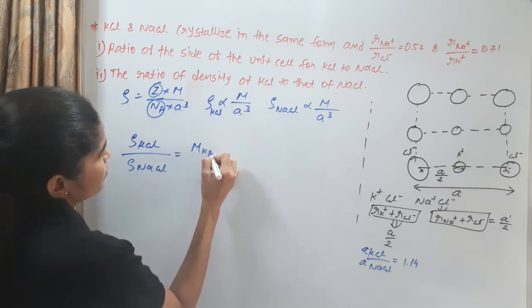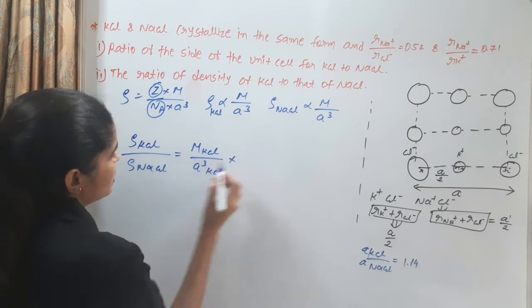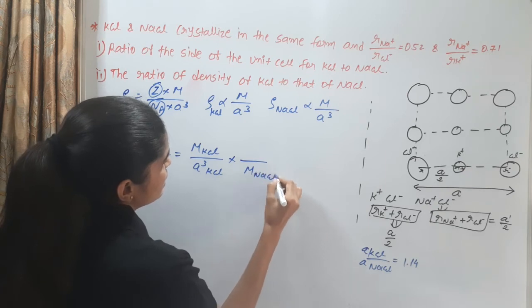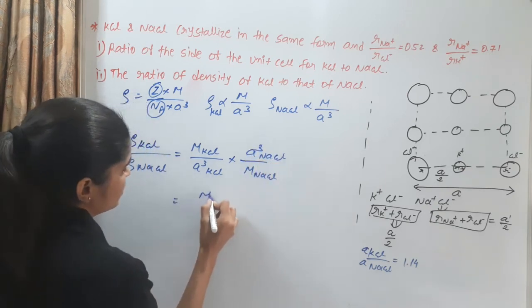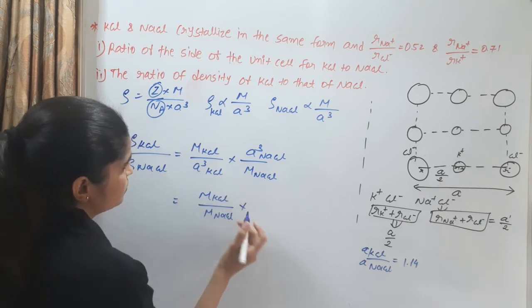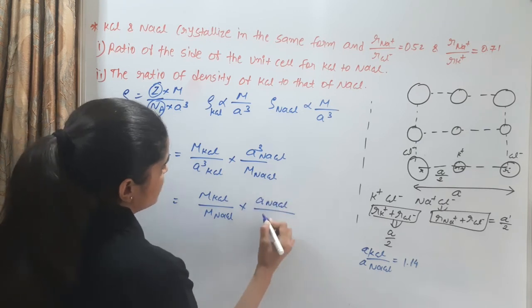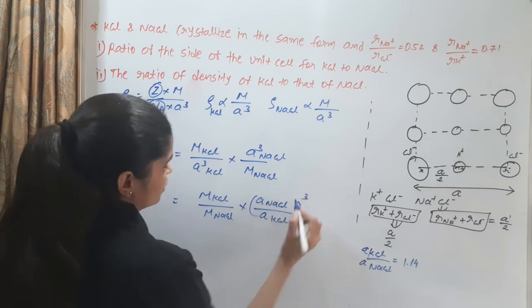So rho KCl divided by rho NaCl: first the mass of the KCl and volume of the KCl, multiplied with the mass of the NaCl and volume of the NaCl. That is M_KCl divided by M_NaCl multiplied with a_NaCl cubed divided by a_KCl cubed.